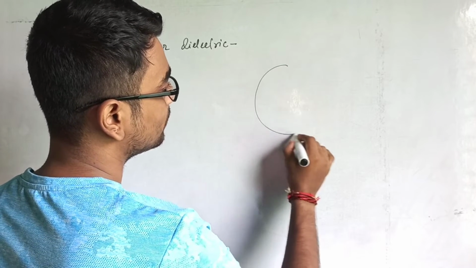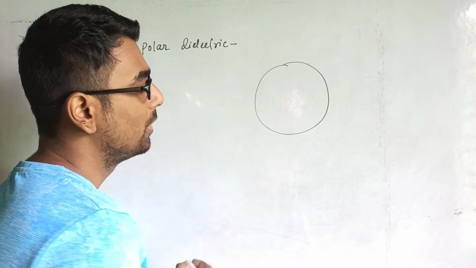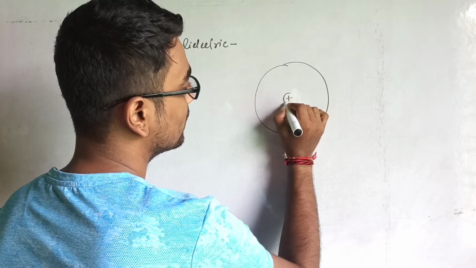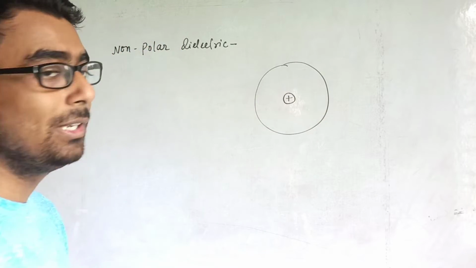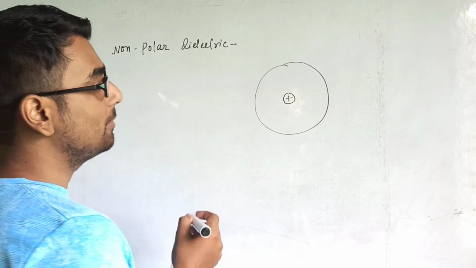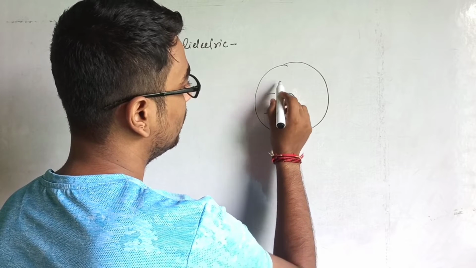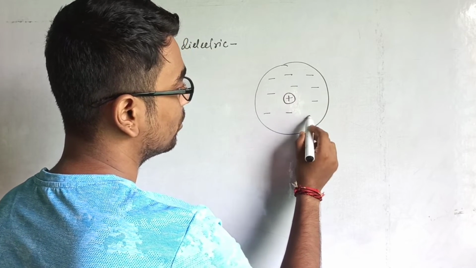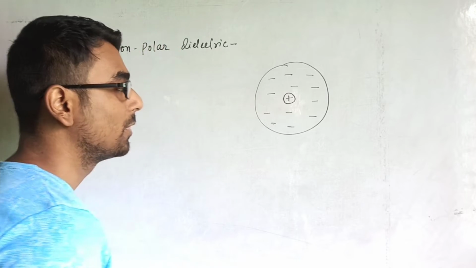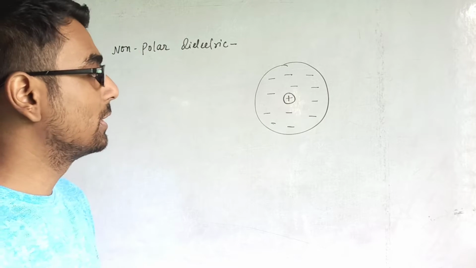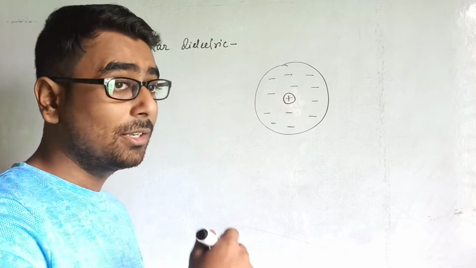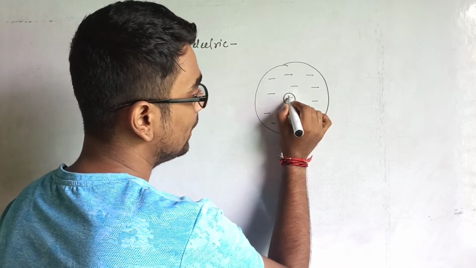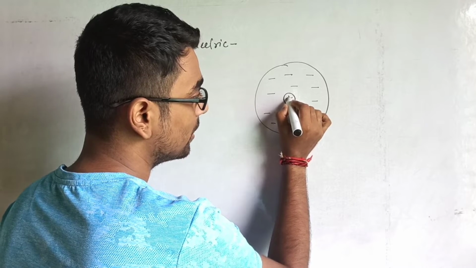As we know, if we draw an atom, the positive charge will be at the center, which is known as the nucleus, and the negative electrons are uniformly distributed as an electron cloud. The center of gravity of the positive charge will lie at the center of this charge.